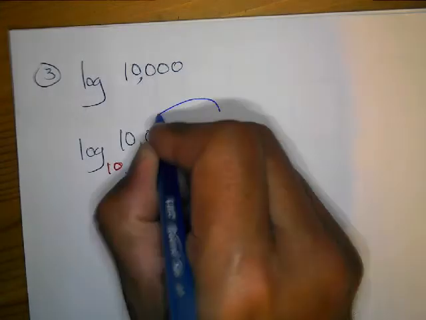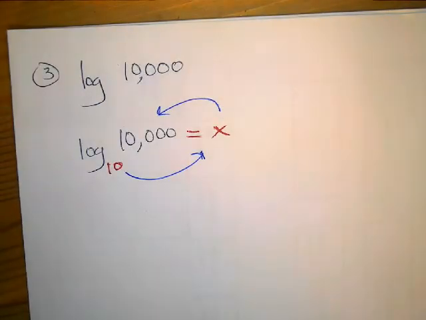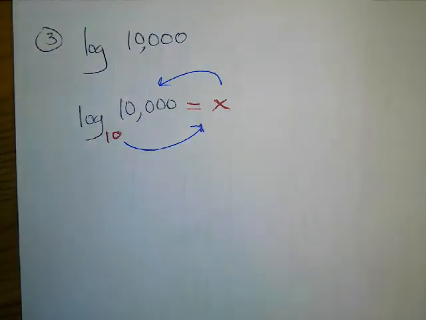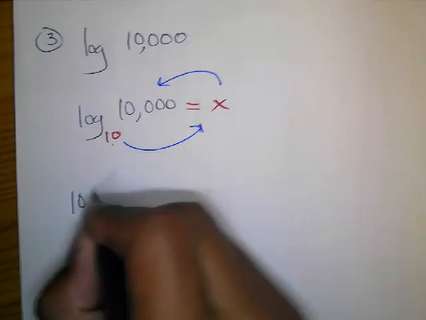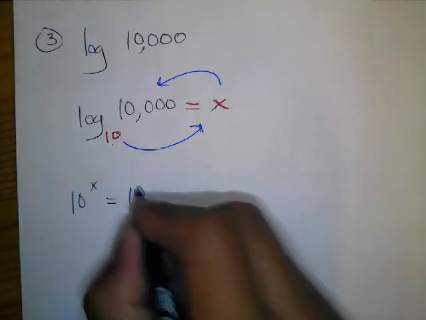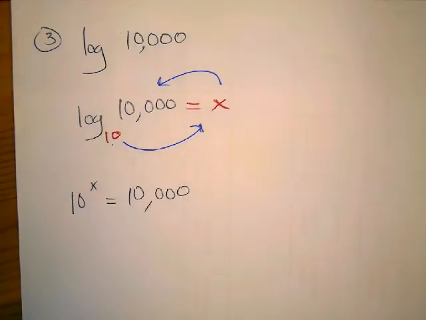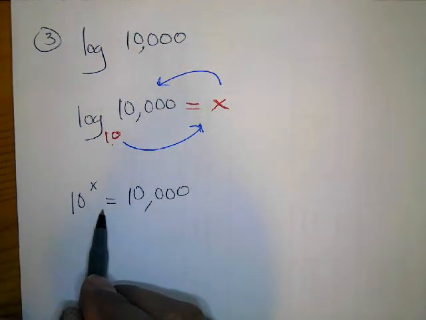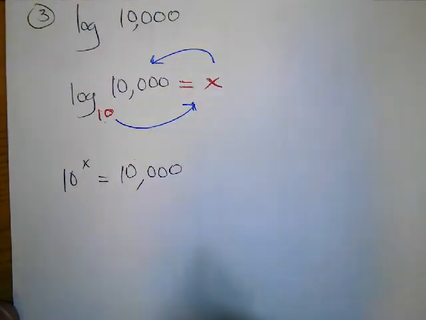Now that I have all the parts here that I need, I change this to exponential form. When I change this to exponential form, it's going to read what? 10 to the power of x is equal to what? 10,000. And can you write 10,000 with a base of 10?